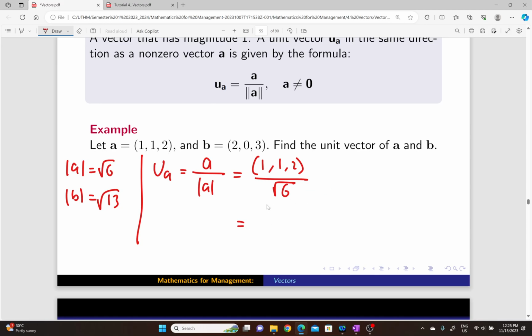You can leave it like this, or you can bring it inside: 1 over root 6, 1 over root 6, and 2 over root 6.